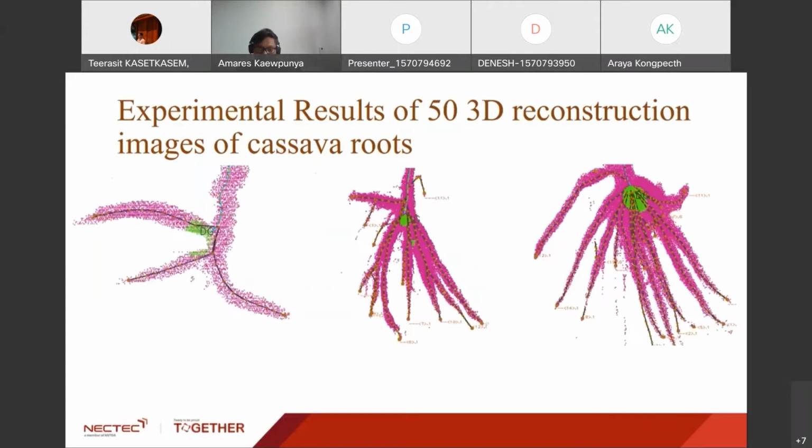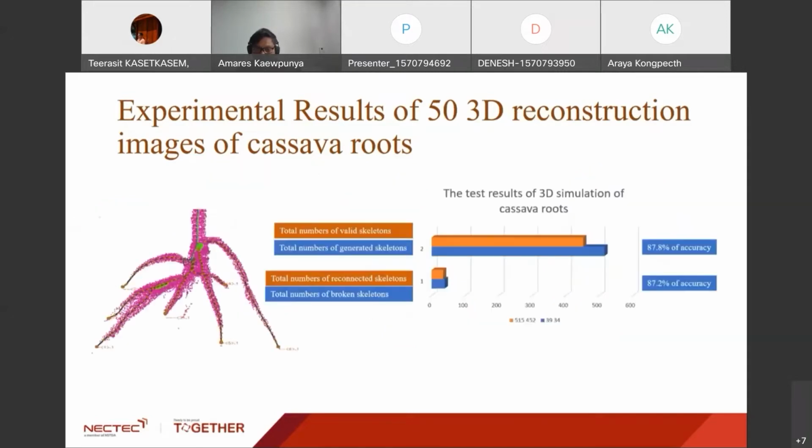To measure the real performance, we tested with 50 3D images reconstructed from actual cassava root. The total number of generated skeletons was 515, with 452 valid skeletons.